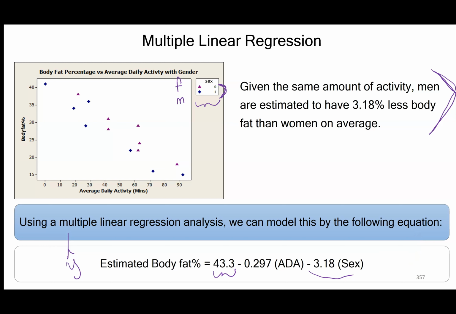Note that sex 0 is female, so if the person's female, you plug in a 0. 1 is male. And that's strictly because F comes before M in the alphabet. That's typically how the software works. It's going to assign whatever comes first alphabetically a 0, and then assign the rest in alphabetical order.